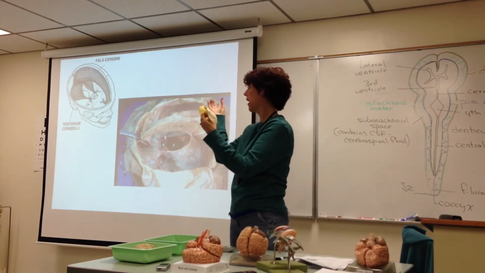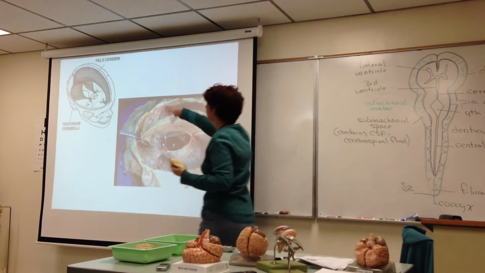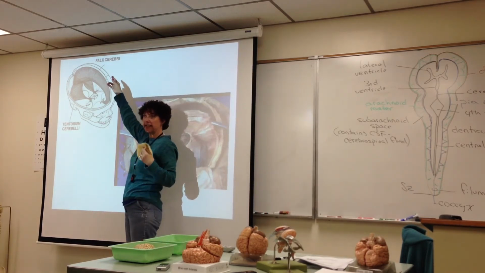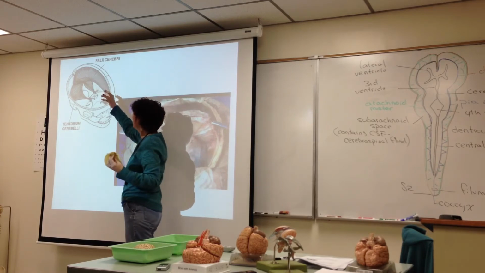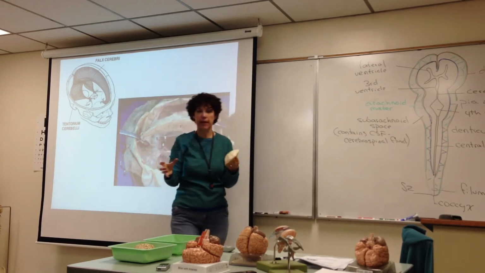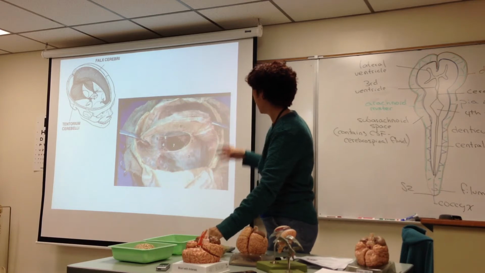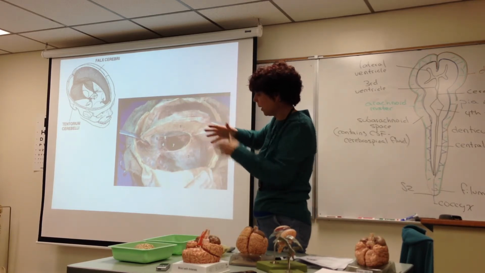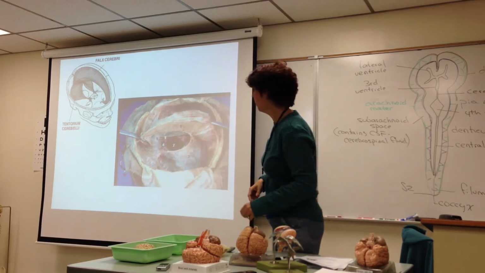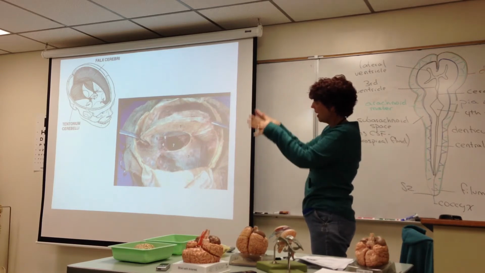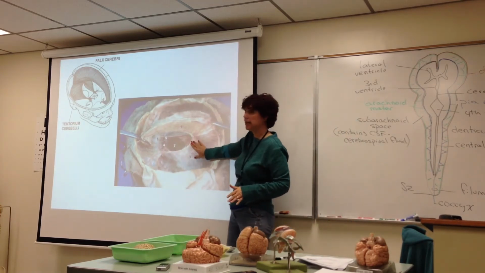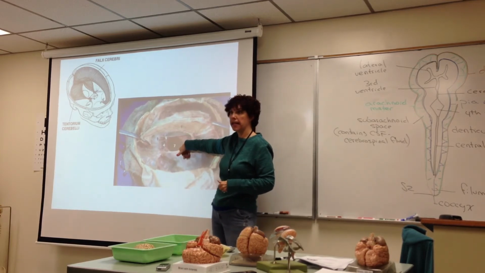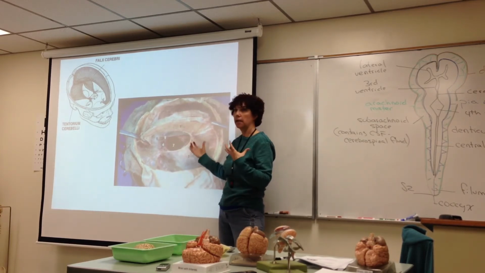Our fancy anatomical word for fold is falx. It sounds like we're saying false, like not real or pretend, but it means fold, okay? And so that comes in between the two cerebral hemispheres, and then a tent-like structure here separates the occipital lobe from the cerebellum.